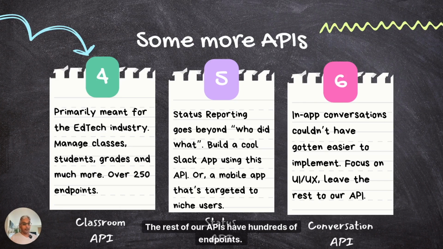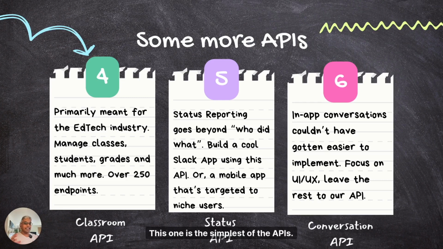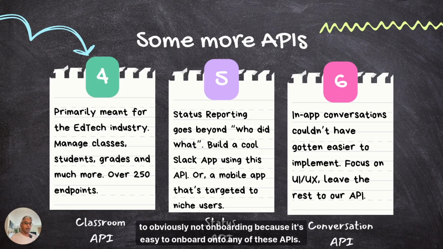The rest of our APIs have hundreds of endpoints. This one is the simplest of the APIs. So it will take you literally no time to, obviously not onboarding, because it's easy to onboard onto any of these APIs. Even integrating this API is going to be a really, really quick solution. So certainly for your conversational needs, you want to check that one out.